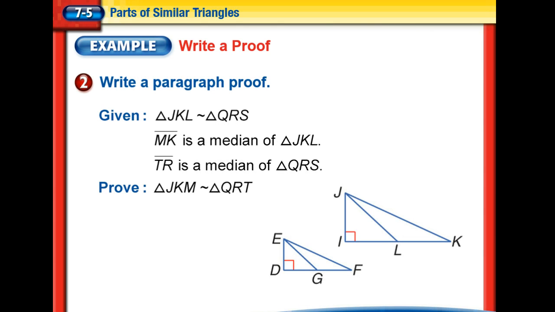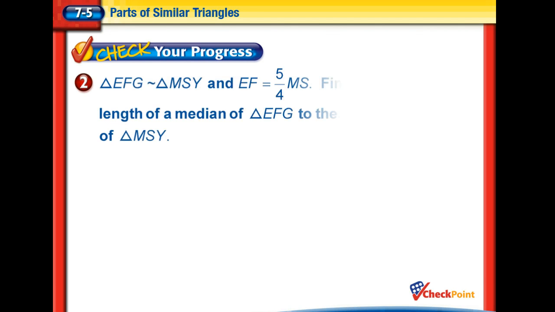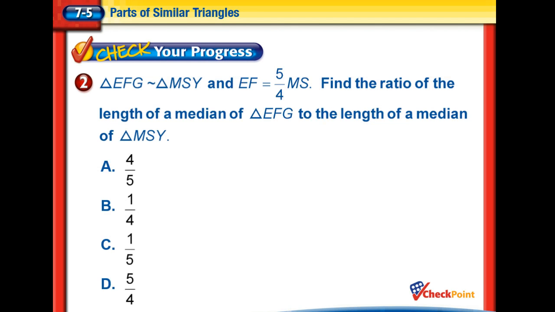Okay, we don't write proofs, so we're going to skip through this, but we can do this question. Now, I'm going to tell you right now, to me, this is almost a trick question. They're telling us triangle EFG is similar to triangle MSY, and that segment EF is equal to 5/4 of segment MS. Find the ratio of the length of a median of triangle EFG to the length of a median of triangle MSY.